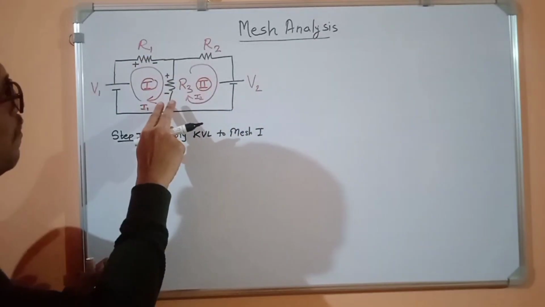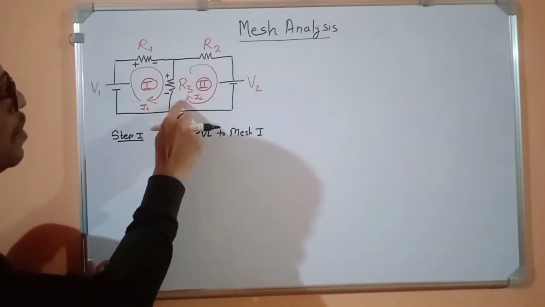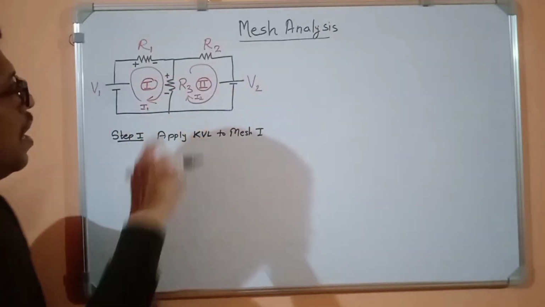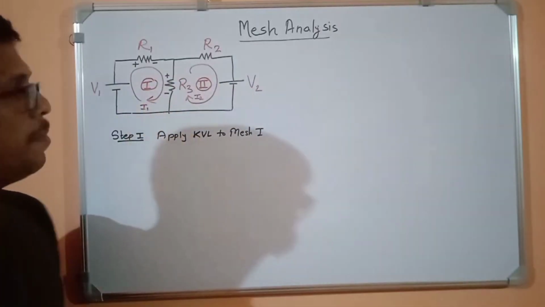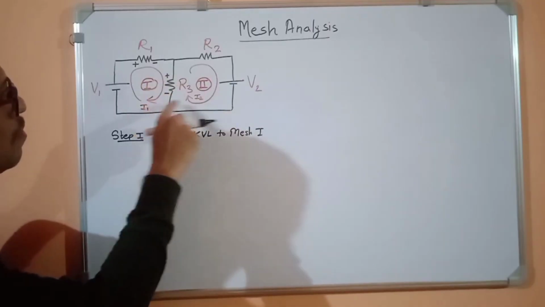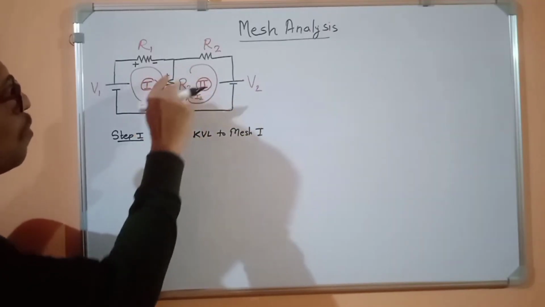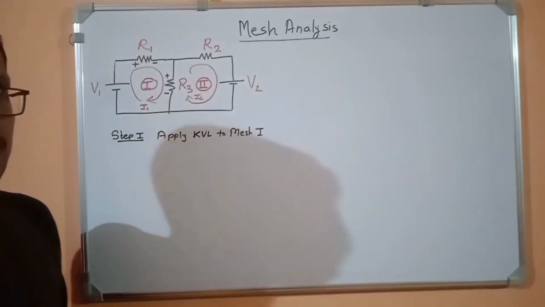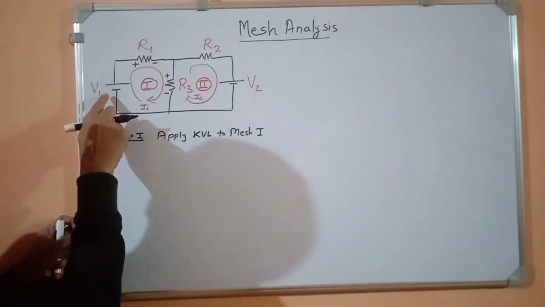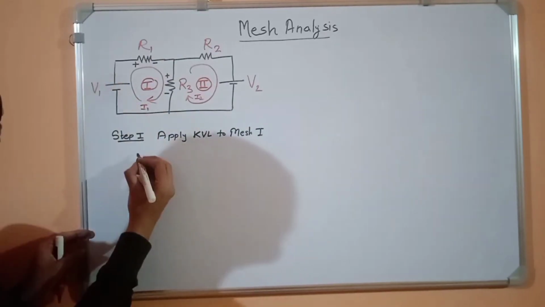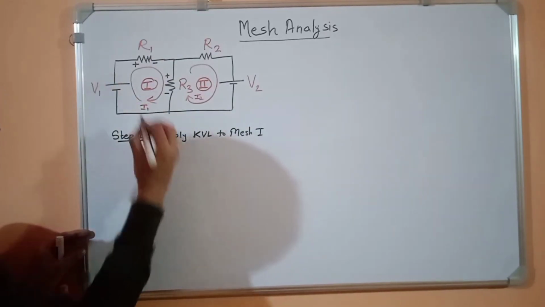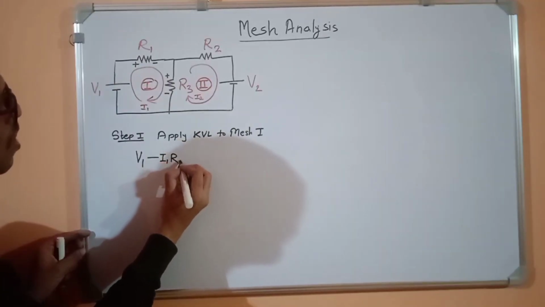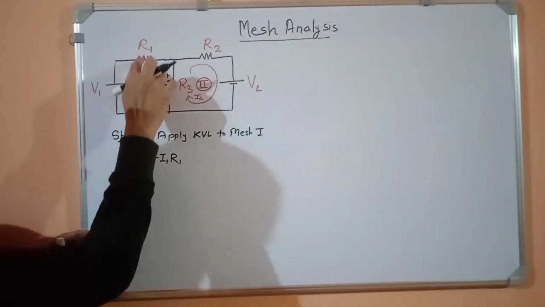Now here if you see, R3 is common for both meshes. So here we have to take the difference of the currents I1 and I2, because one is coming from top to bottom, and I2 is going from bottom to top. So we have to take the difference I1 minus I2 for R3. Got it? So I am applying here: minus 2 plus V1 plus 2 minus I1 into R1, because I am in loop 1, and the I1 current is flowing here.